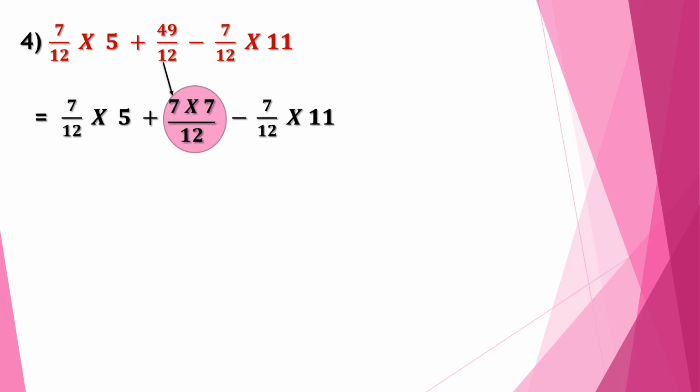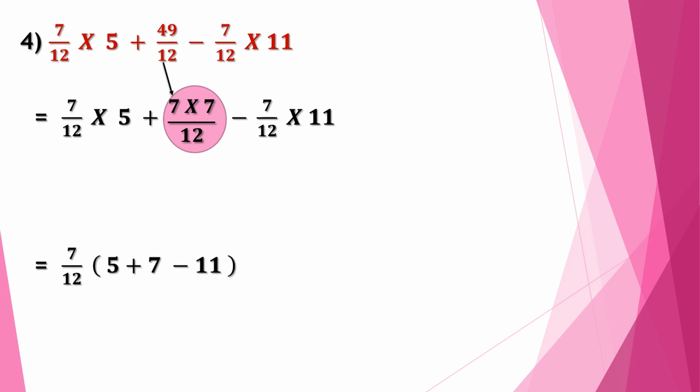We take 7 over 12 as a common factor outside the bracket and write the remainder elements inside the brackets as follows. 7 over 12 times 5. 49 over 12 will equal 7 times 7 over 12. We take only 7 over 12 of them outside the bracket as a common factor.